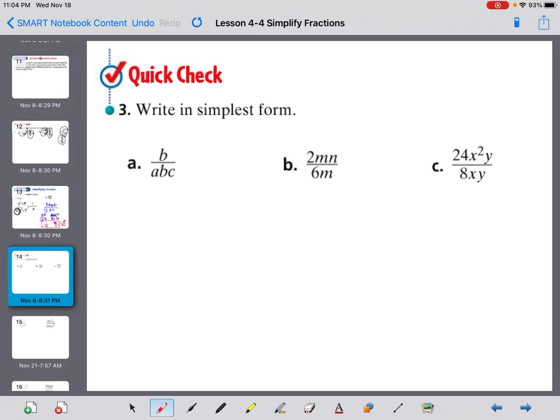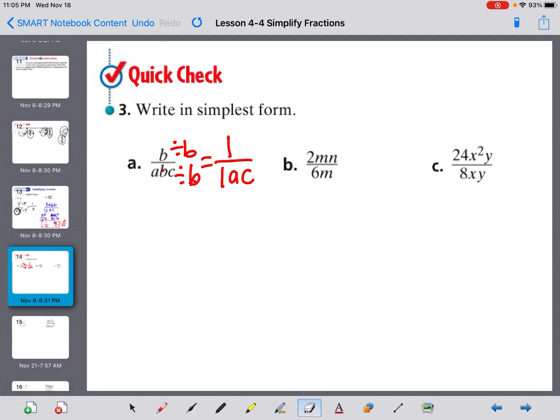What do b and abc have in common? Did you say b? Good, because they have that in common. On the top, what's b divided by b? 1. On the bottom, b divided by b, 1ac. You can't do a divided by b.